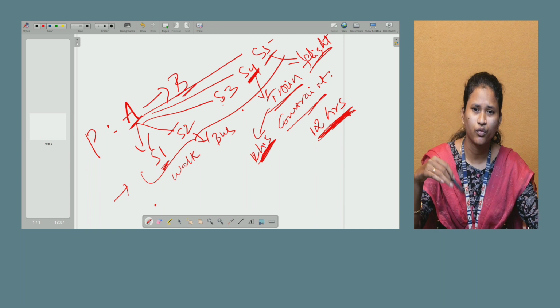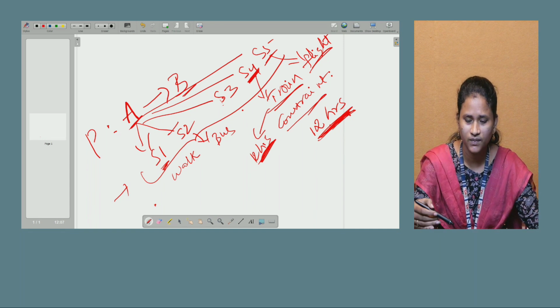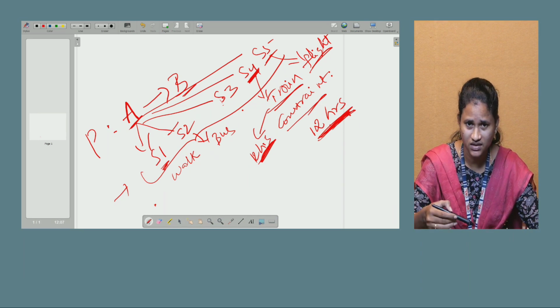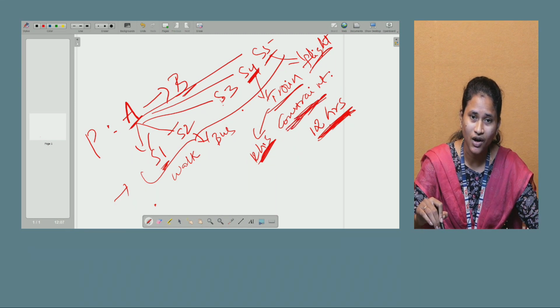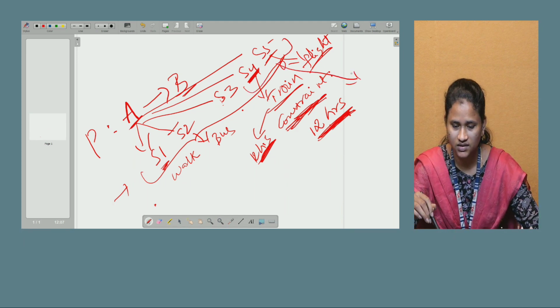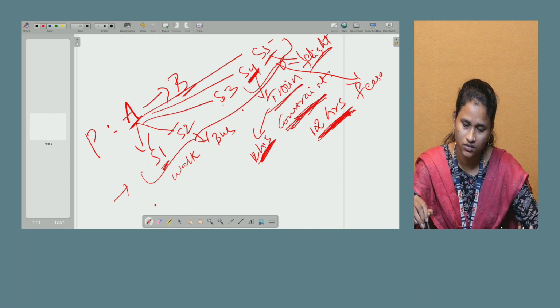Through flight also I can reach the destination from A to B within 12 hours. So without a constraint we have many solutions, but when I take a constraint, only two solutions follow that constraint. These two solutions will be called feasible solutions.